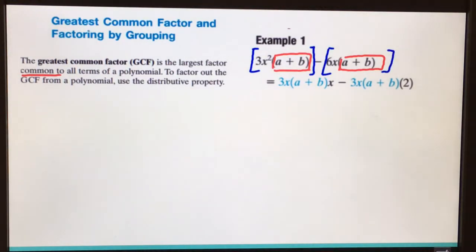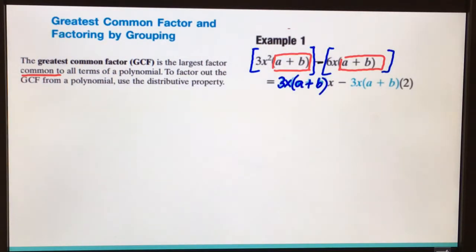We know that because they're being separated by this minus symbol. So aside from a plus b, another common factor that you can find there are 3 and x. So we take out 3x times (a plus b) from both of the terms.